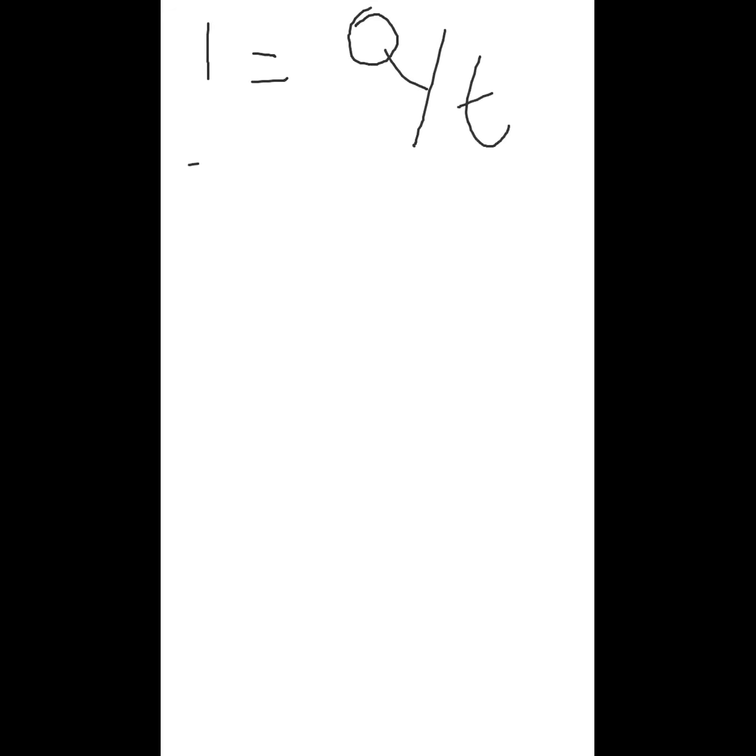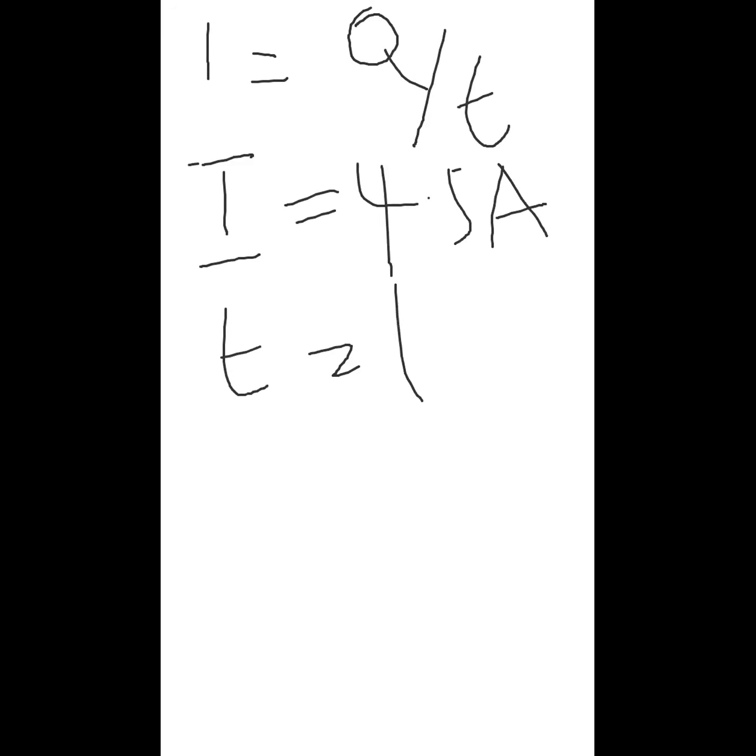In the question, we're given current I to be 4.5 amperes, and our given time to be 1 hour. I'm sure that we all know that in physics, time is measured in seconds. So we want to convert it to seconds.